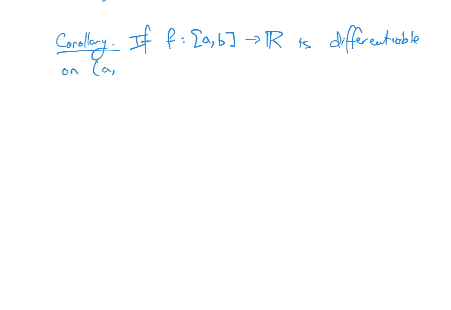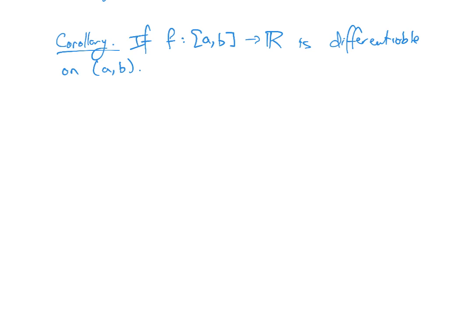If f is a function on a closed interval, in this case, I'm going to go with slightly weaker hypotheses. I'm just going to say it's differentiable in the middle. So what have I dropped?